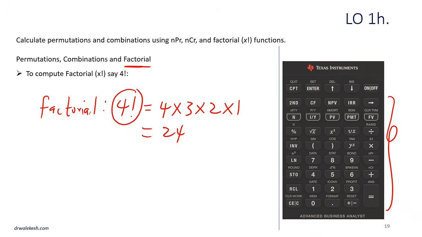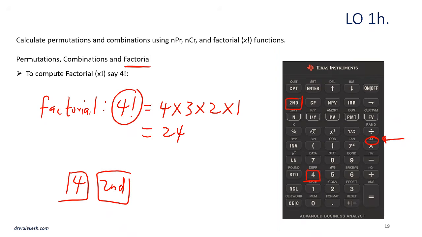What you need to do here is to press 4. Factorial is a secondary function here, so we need to press the second function. Then you can press this key here. Then I expect you to get 24.